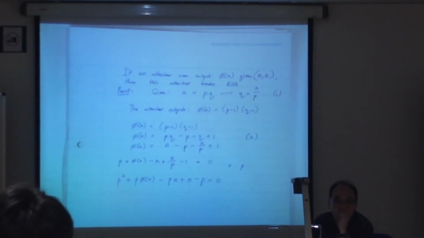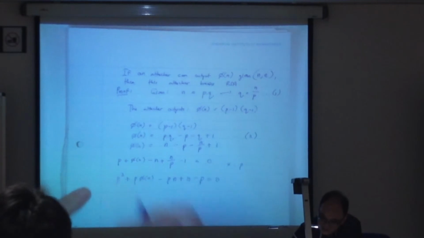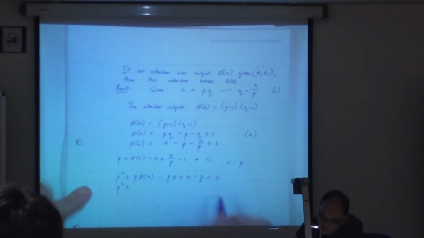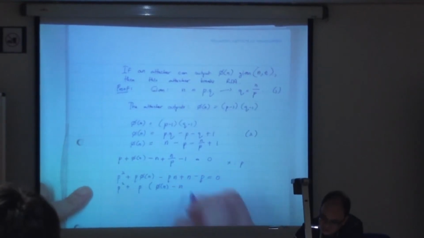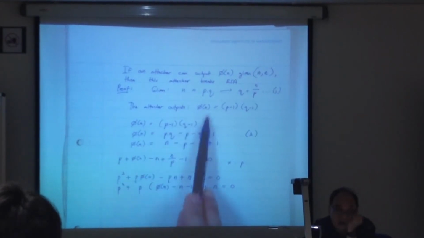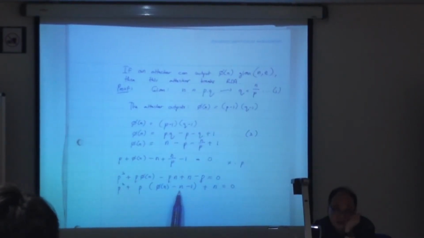Now you can see this is p squared, this is p, this is p, so I can take p out: p squared plus p times (phi n minus n minus 1) plus n equals 0. From this equation, I know phi n because the attacker can compute phi n, and I know n. That means I can solve this equation.